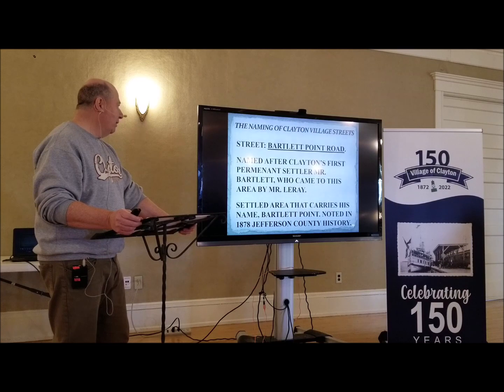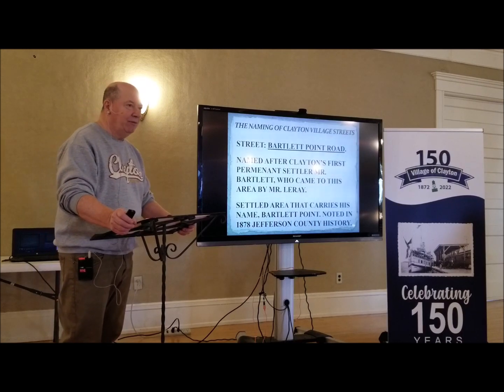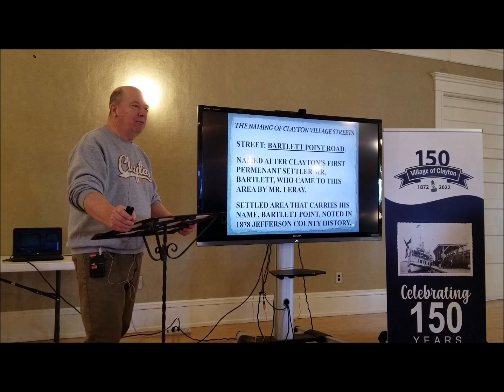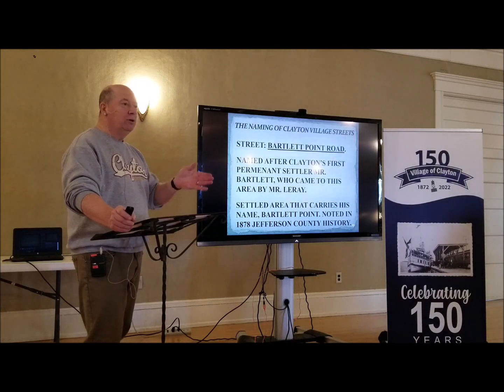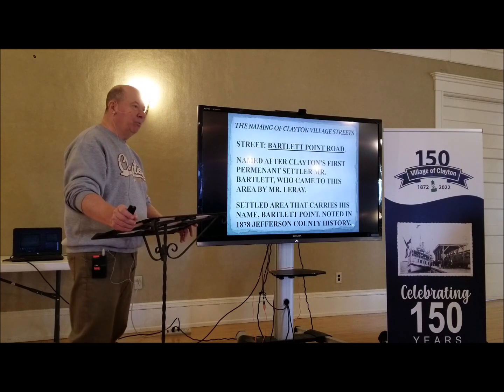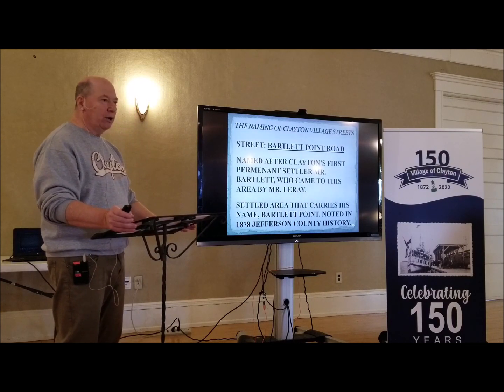He settled the area that carries his name, Bartlett Point, noted in the 1878 Jefferson County history. What I do not know is at what point did it become an actual village road, versus just the road out there called Bartlett Point. Nowhere can I find it.